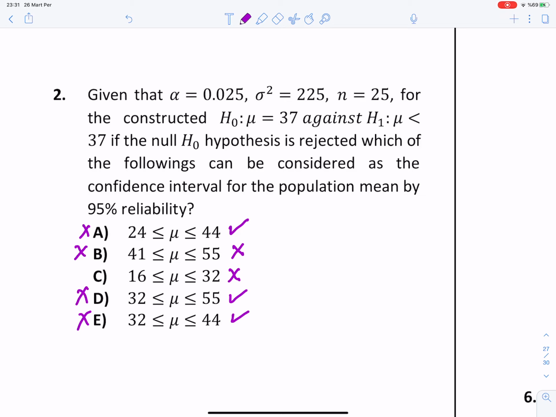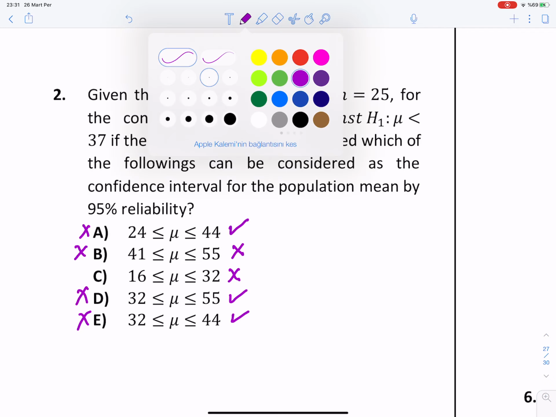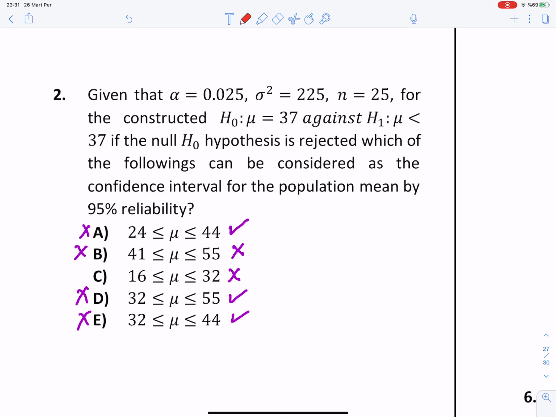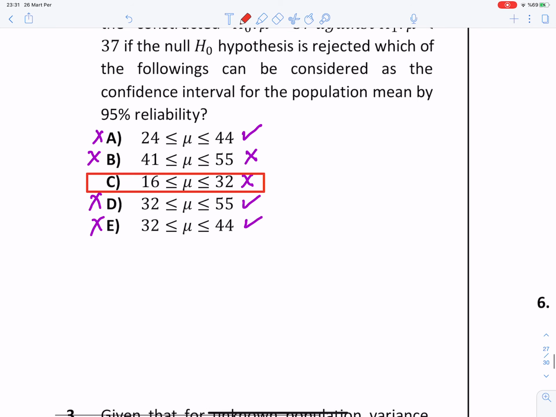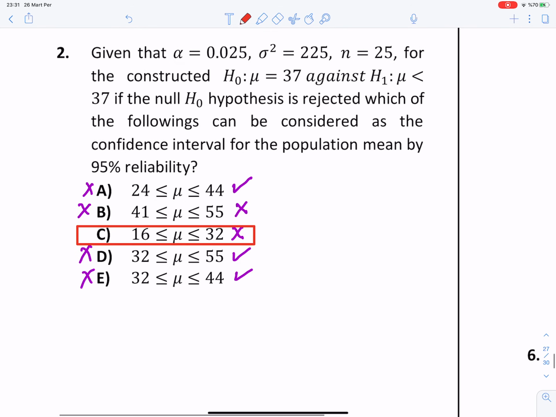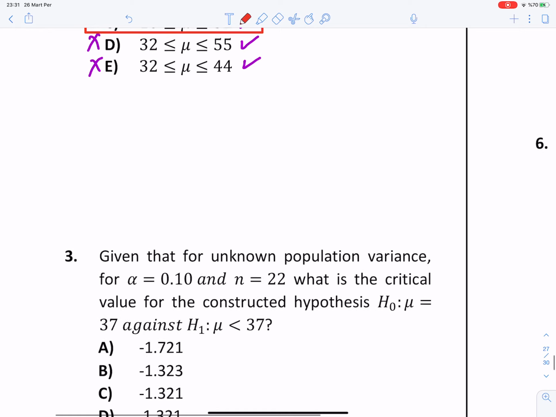So the correct answer can be easily picked up from option C. So that's the correct answer for this question. So you don't even bother to perform any calculation. So you can easily select the correct answer for this question. So no need for calculation. So question 2, exercise 2, the correct answer is C.